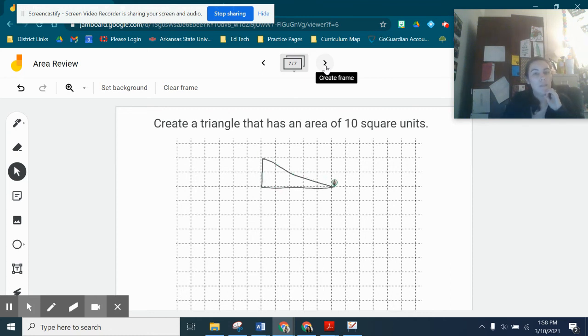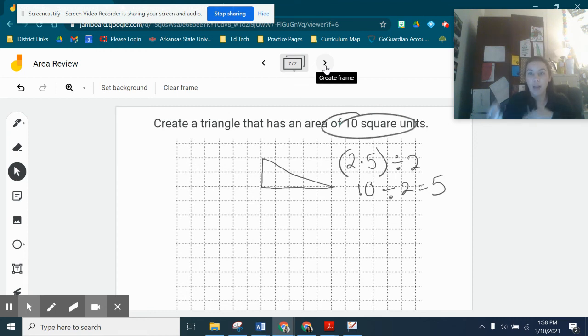Then I use my formula: 2 times 5 divided by 2. So 10 divided by 2 equals 5. Does this triangle actually have an area of 10? No, it has an area of 5. So we have to think about that. What could I do to double that? Well, you could double one of your sides.